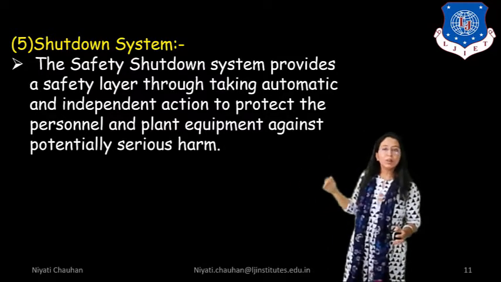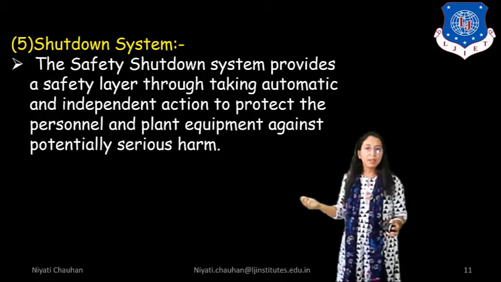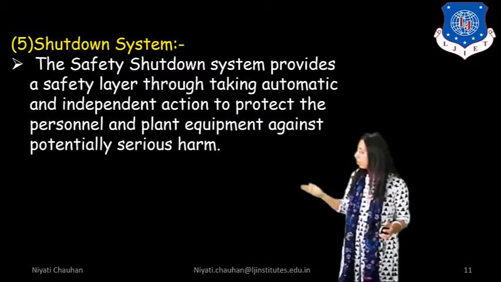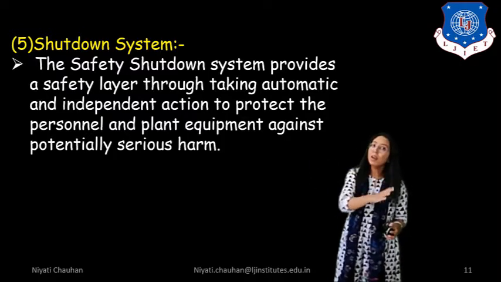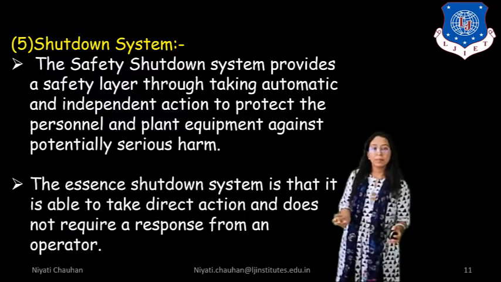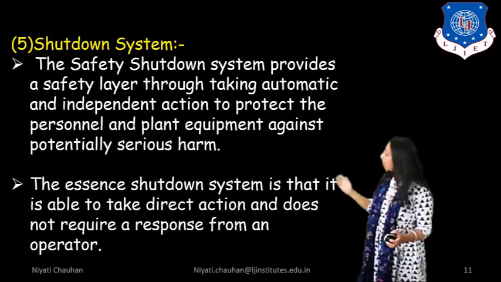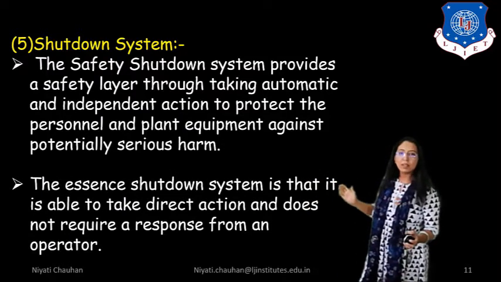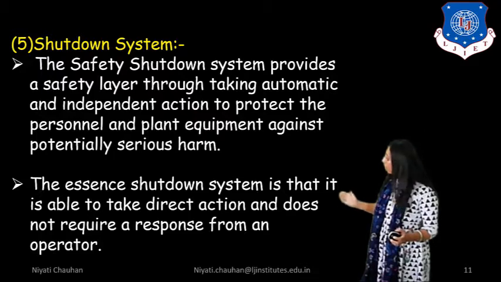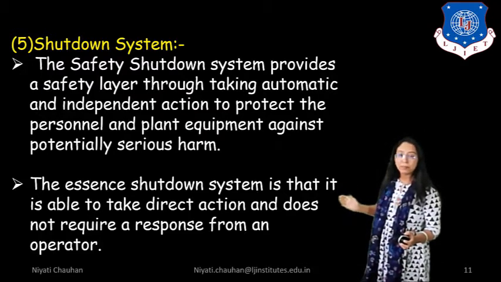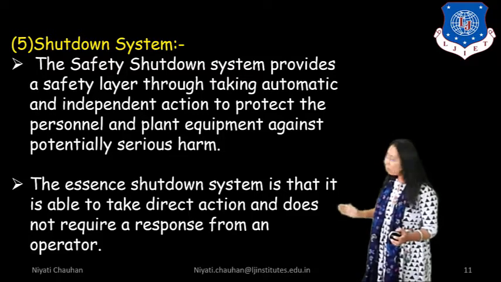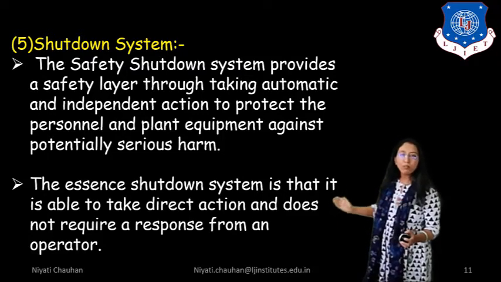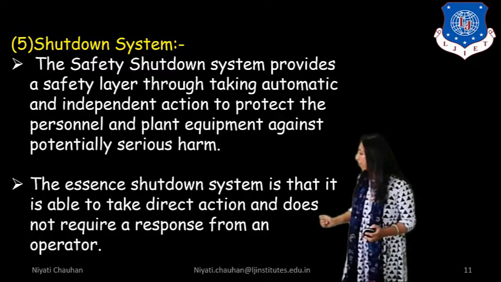Okay, so for the shutdown system, we are using the emergency shutdown system for protection of our plant. The essence of the shutdown system is that it is able to take action and does not require a response from an operator.